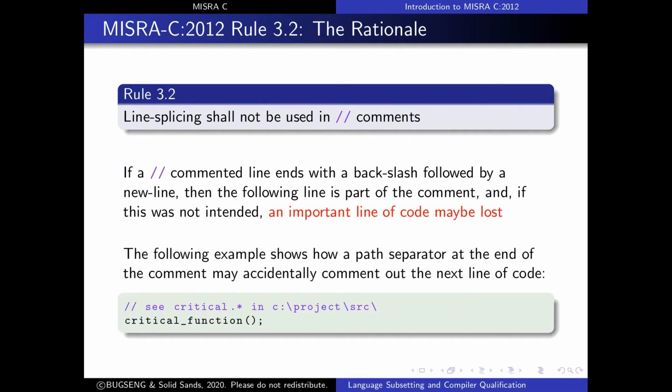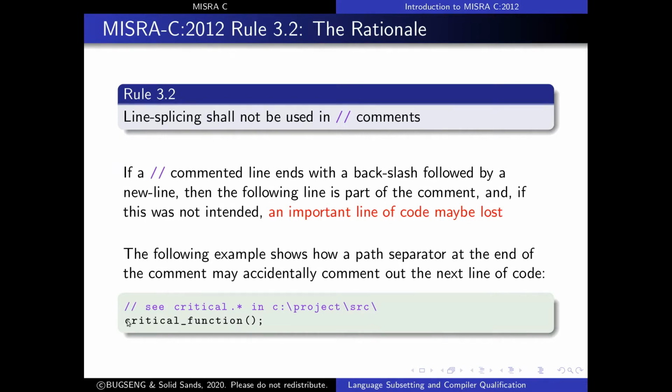So here is an example. The programmer wrote a double-slash comment, and the comment contained at the end a path of a Windows folder. However, following the Windows syntax, the line of the comment ends with a backslash. So this is line splicing.